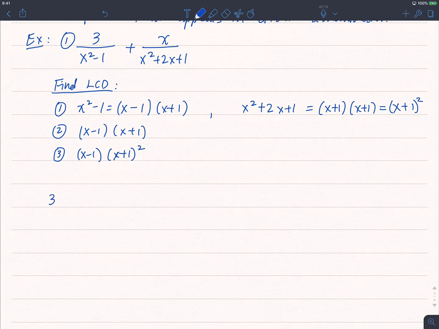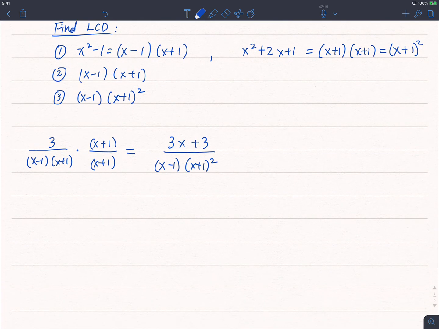So let's change 3 over x squared minus 1, which is 3 over x minus 1, x plus 1. So how far away is the denominator here from our LCD that we found here in step 3? Well, it's missing a factor of x plus 1. So I'm going to multiply both the numerator and denominator by x plus 1. Really, I'm just multiplying it by 1. So here I get 3x plus 3. And in the bottom I get, well, I should get the LCD.